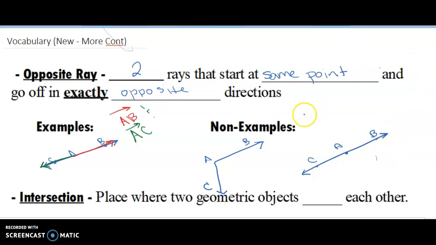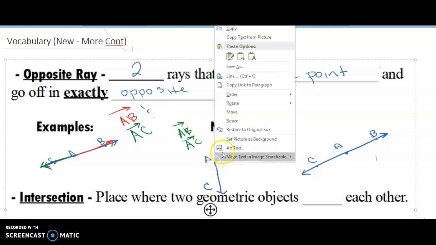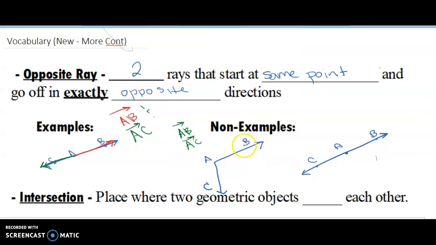Now if I look at the second one here, if I had ray AB and ray AC, they both start at point A, right? But B and C are not in exactly opposite directions. B is up and to the right and C is more downward. So that would not be an example.